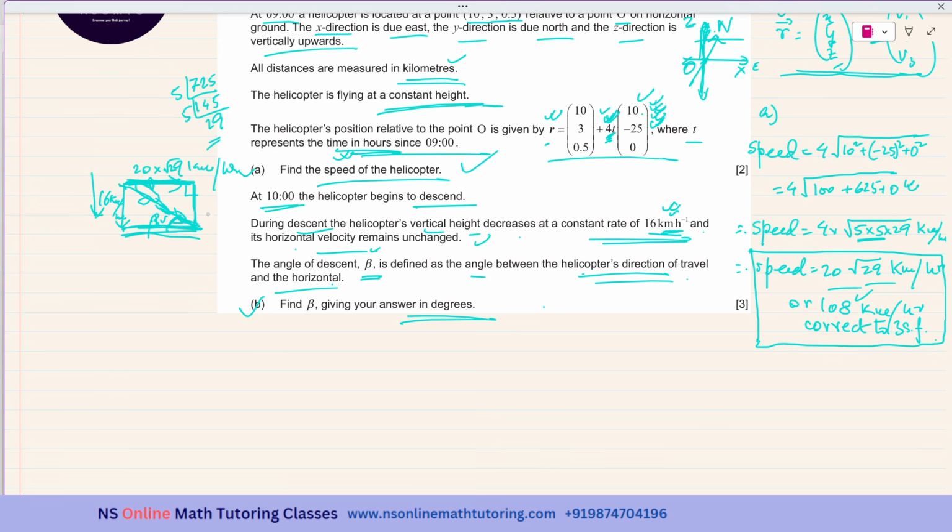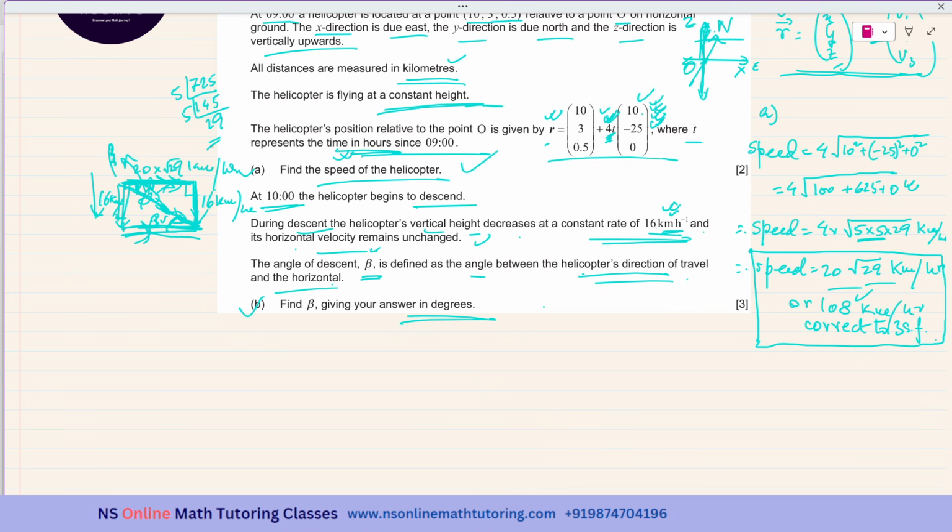But which angle can be taken as beta in this right angle triangle? Because these two are parallel lines, this angle will also be beta. And this one and this one are parallel. So it is just the descending vertical speed, 16 kilometers per hour.